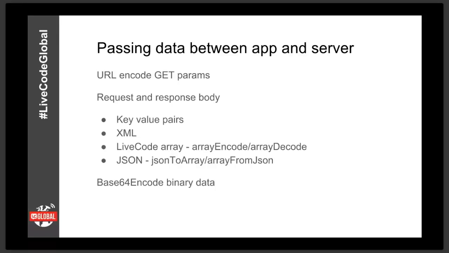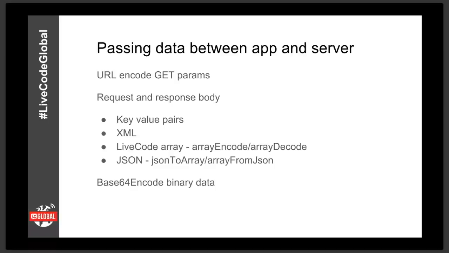So when you send data to the server, you'll call array to JSON, and then on the server side you'll call JSON to array, which will decode it back. Excuse me, I was confusing myself there.